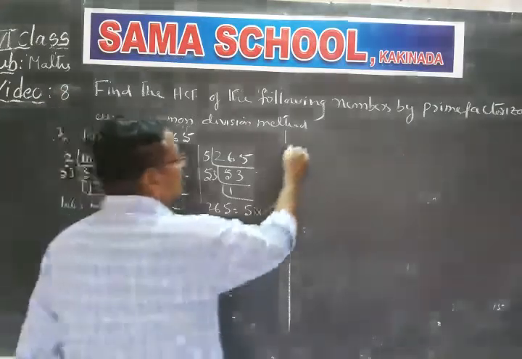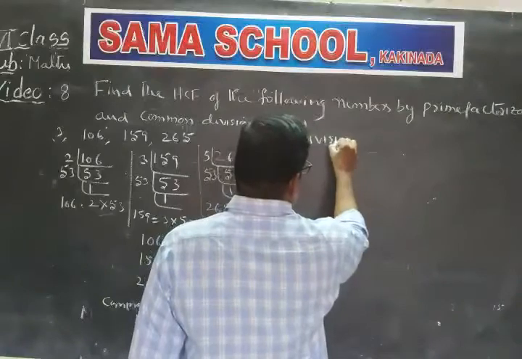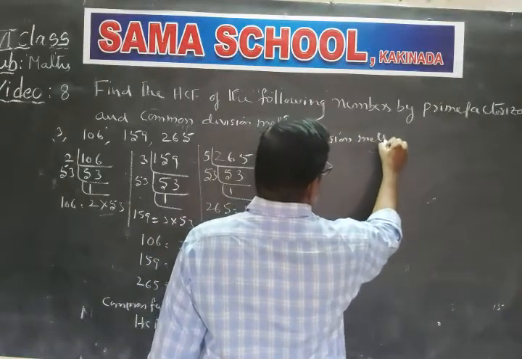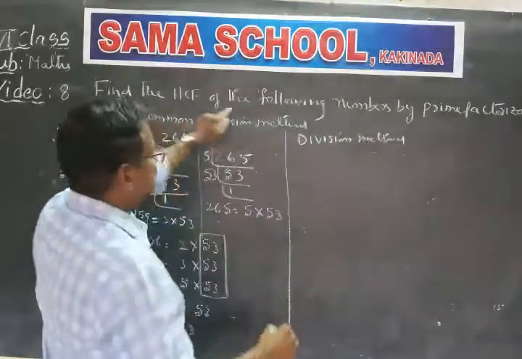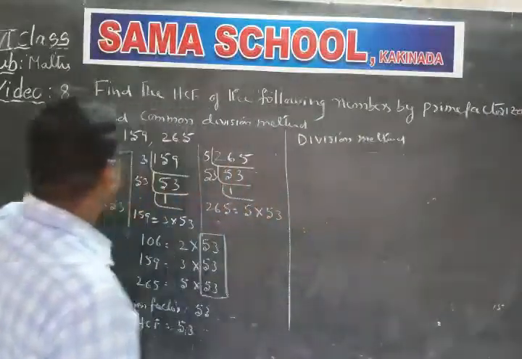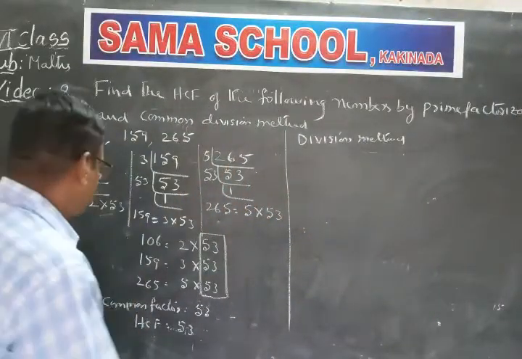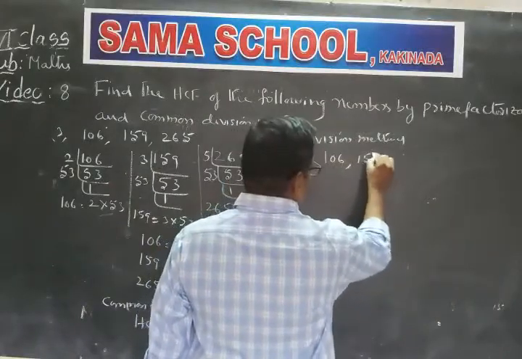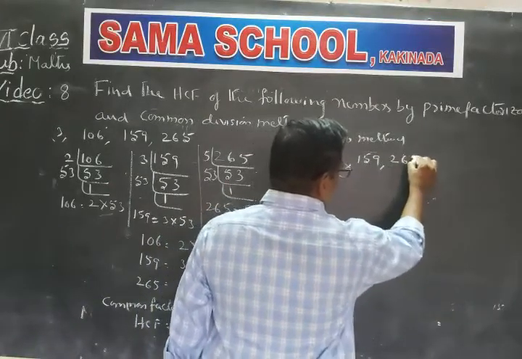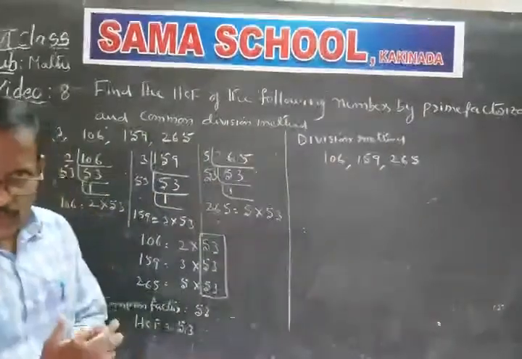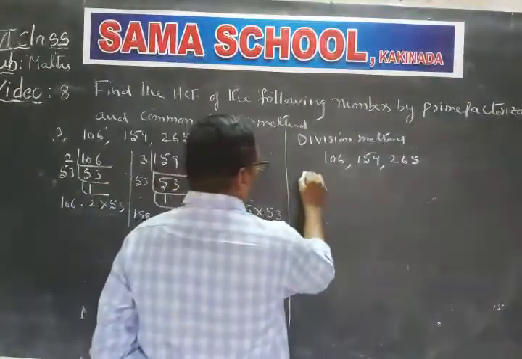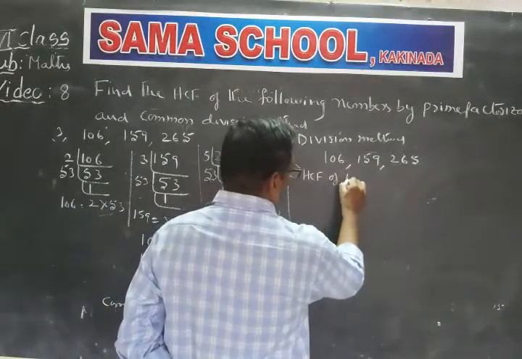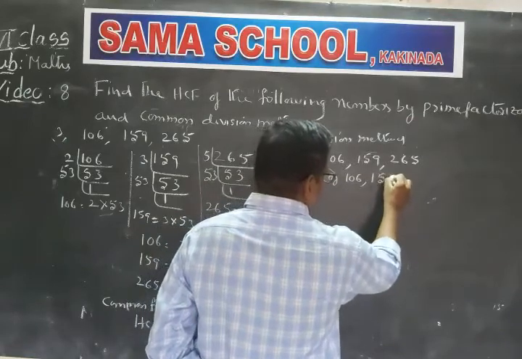Now using the division method. Find the HCF of the following numbers by prime factorization and common division method. Take the numbers 106, 159, 265. Given three numbers, first take two numbers: the HCF of 106 and 159.